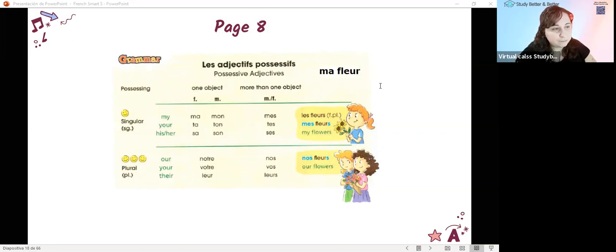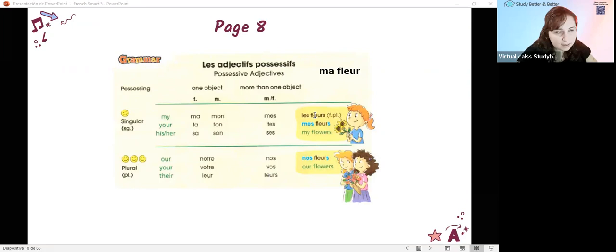So here, for plural, for our, your, and their, we're gonna have notre, votre, and leur. And this is when we have only one object. Notre, votre, leur. And when we have more than one object, it's nos, vos, and leurs. Okay?